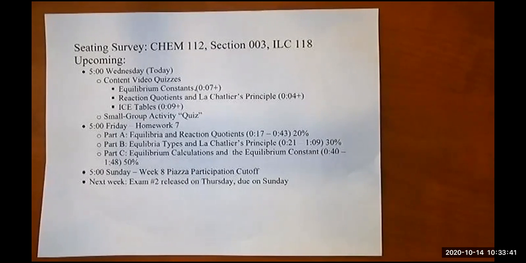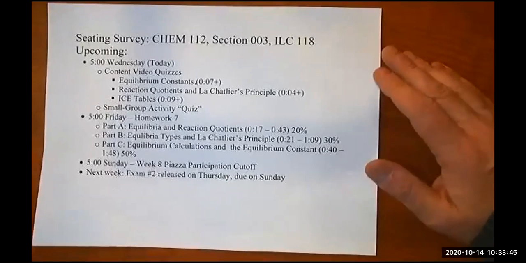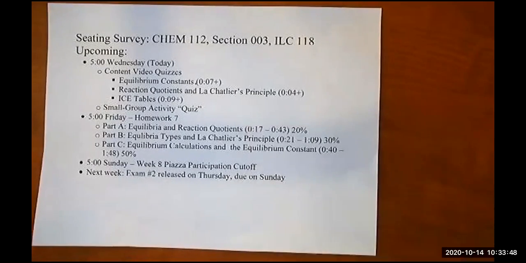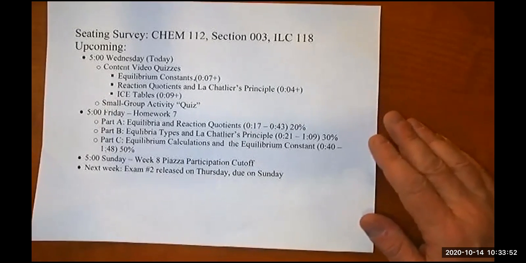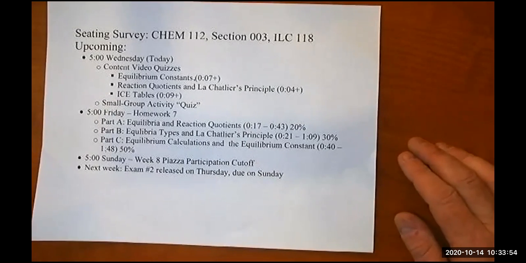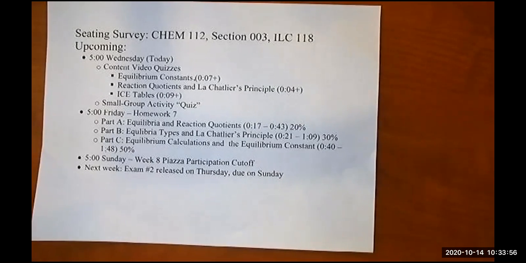I have fixed that, so if you had problems with it, you can go back in now and do it again if you so wish. Also, the small group activity quiz is due today at 5 o'clock. Friday, a 3-part homework. Sunday is the usual cutoff for the participation points. And next week, exam number 2 is going to be released on Thursday and will be due the following Sunday.